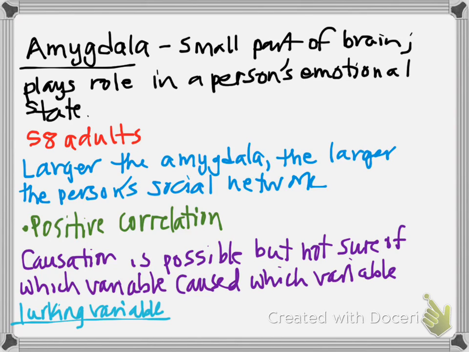Because you have a large social network, do you think that would help you handle stressful situations better than somebody who has a small group of friends? Yes. Okay? And that could be the reason that somebody who happens to have more people that they can go to has a stronger ability to deal with stress.